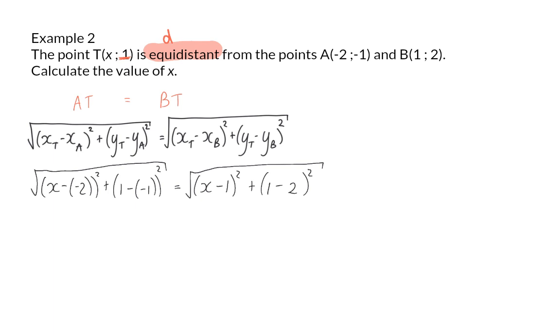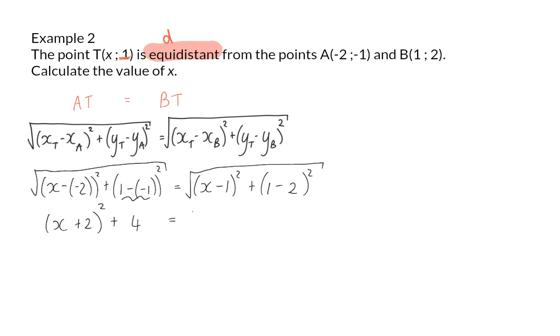Because both sides of the equation have square roots, we can square both sides to get rid of those square roots. On the left, we now have (x + 2), which should still be squared, and then we have 1 plus 1, which is 2, and squared, that will be 4.